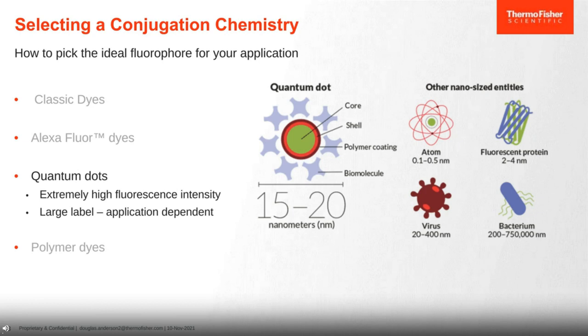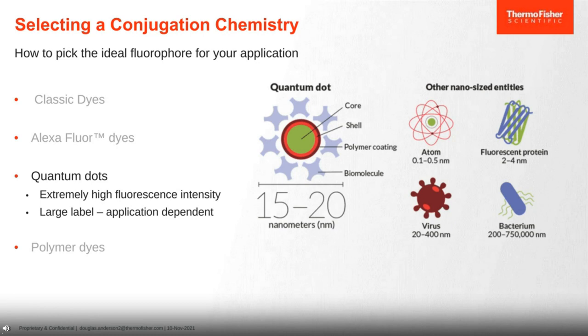These are larger labels than, in many cases, the biomolecules you're actually wanting to conjugate them to. But these nanocrystals are exceptionally resistant to photobleaching, almost to the point where they don't photobleach at all. They're also very, very stable. And so these fluorophores are extremely good if you have the right application to downplay their size and take the most advantage of their very high signal output.